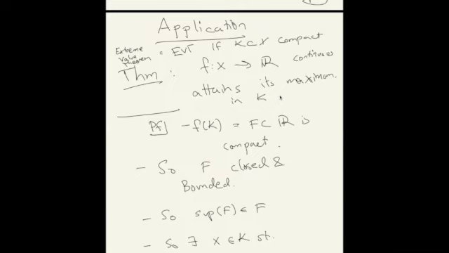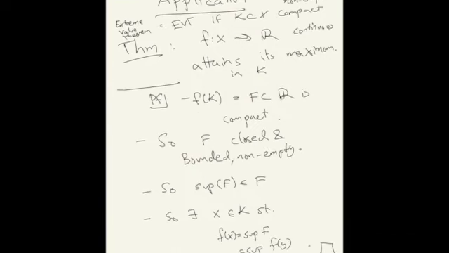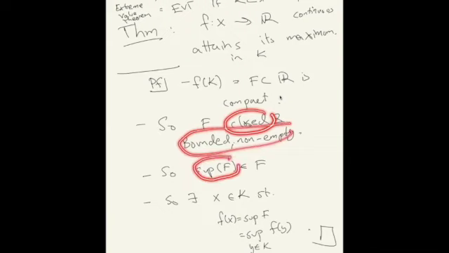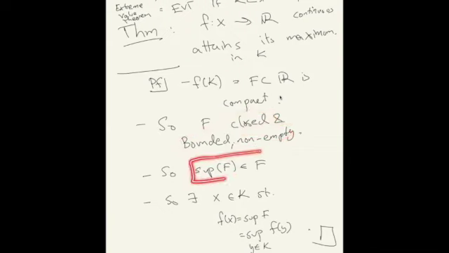Let's say this set is non-empty as well. By what you did in your homework, since it is bounded and non-empty, the sup exists. And since it is closed, by what you showed in your first homework, the sup is actually in the set.